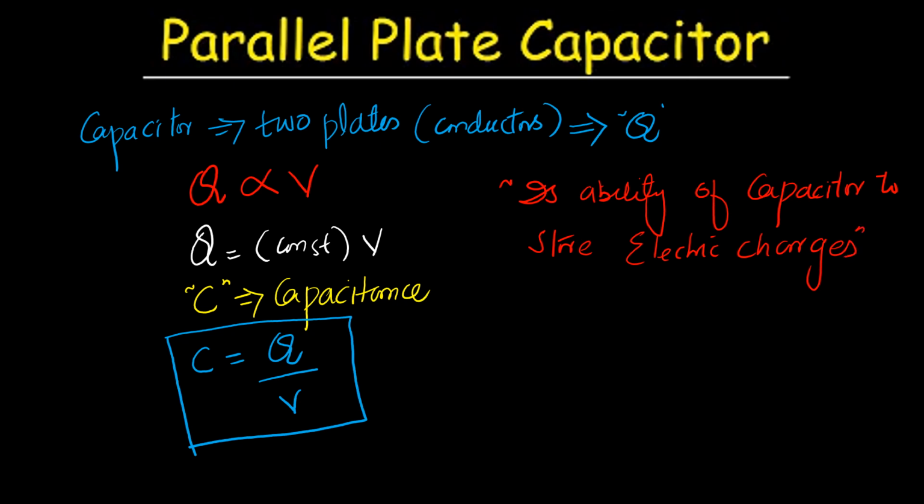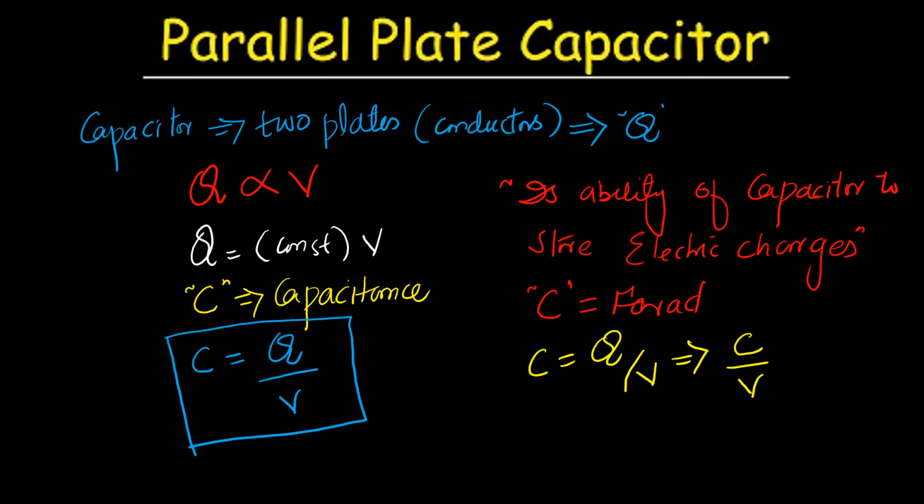The unit of capacitance of a capacitor is known as farad. Students, since you know that capacitance is the ratio of charge stored divided by potential difference, the unit of charge is coulomb, whereas the unit of potential difference is volt.